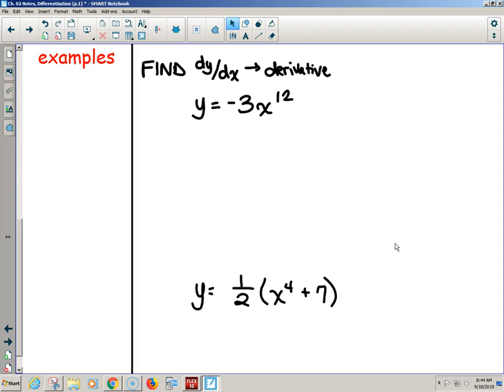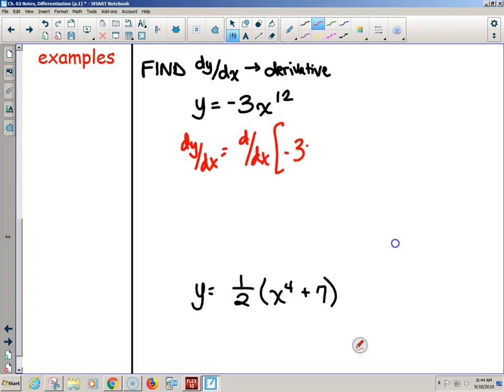Ready, set. Find me the derivative. And how do we find the derivative? We say the derivative is equal to. Well, you've got to derive. If there are y's, yes. If there are f of x's, use the alternate.